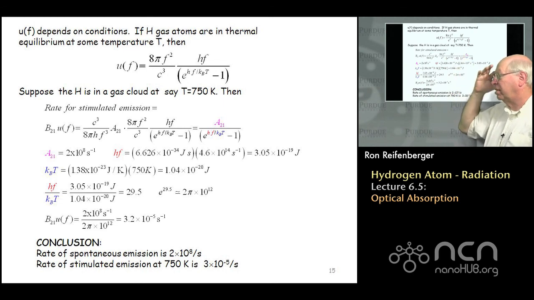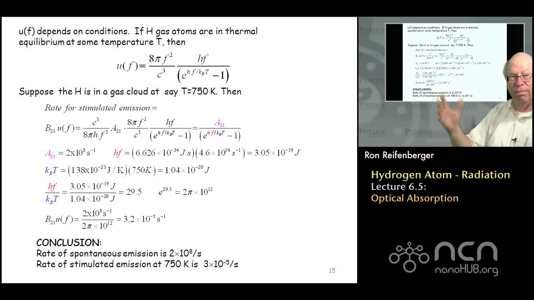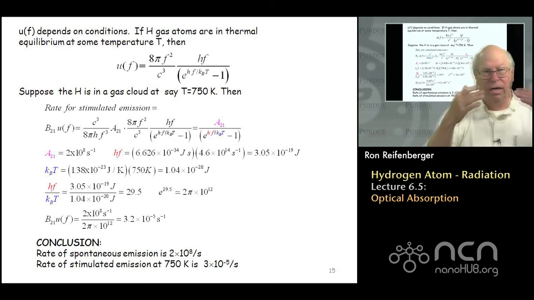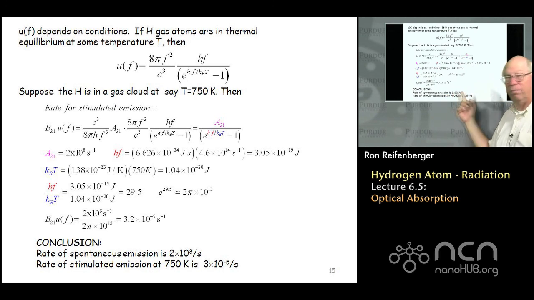In this case, I picked a temperature of 750 Kelvin just to pick a number. And what I find is that the rate of stimulated emission at this low temperature of 750 Kelvin is very small. There's only 3 × 10⁻⁵ transitions per second due to stimulated emission, while there's 2 × 10⁸ transitions per second due to spontaneous emission. So for this case, spontaneous emission wins big time. There's very little stimulated emission that occurs.